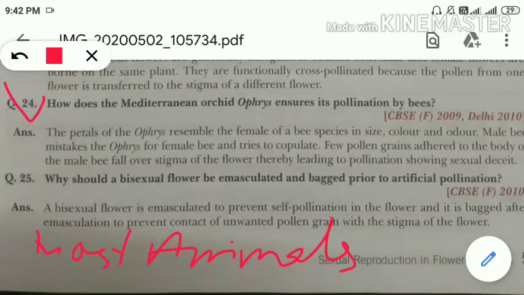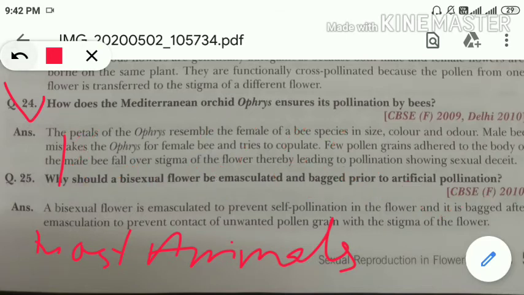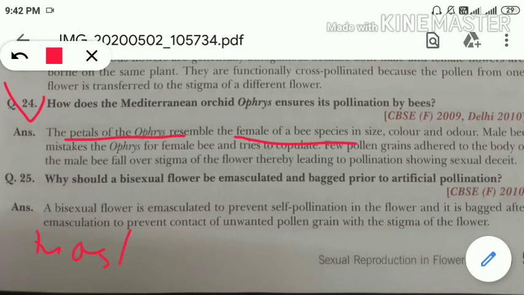That means plants, or flowers, are adapted to a particular type of animal. Now, the petals of Ophrys resemble the female bee. We have studied this in the Organisms and Populations chapter in ecology, about pseudocopulation. This looks like the female bee in shape, size and color, or smell.